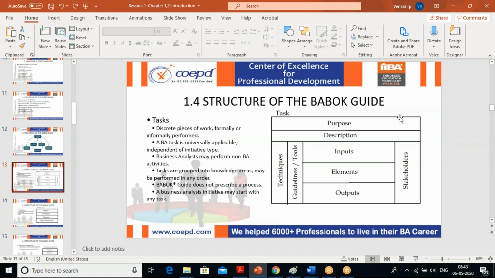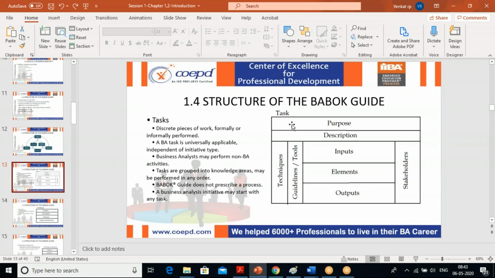Then who is going to be a part of it, the stakeholders, what techniques you use to turn inputs into outputs, what guidelines you have, and what tools you can use. This will be there in a task. So this structure is very important: purpose, description, inputs, elements, outputs, and the stakeholders.